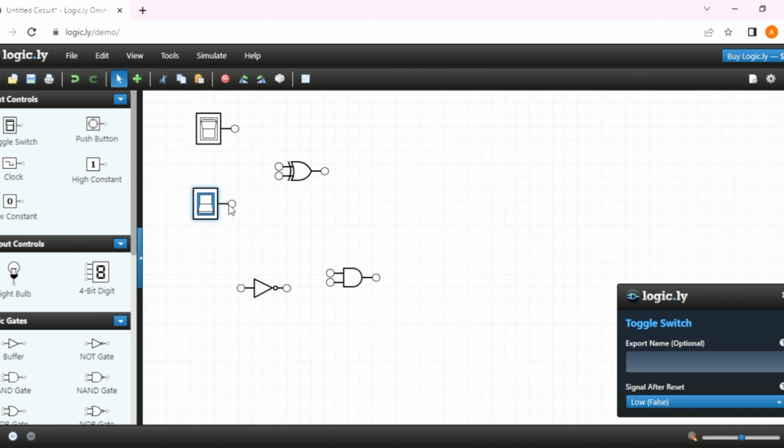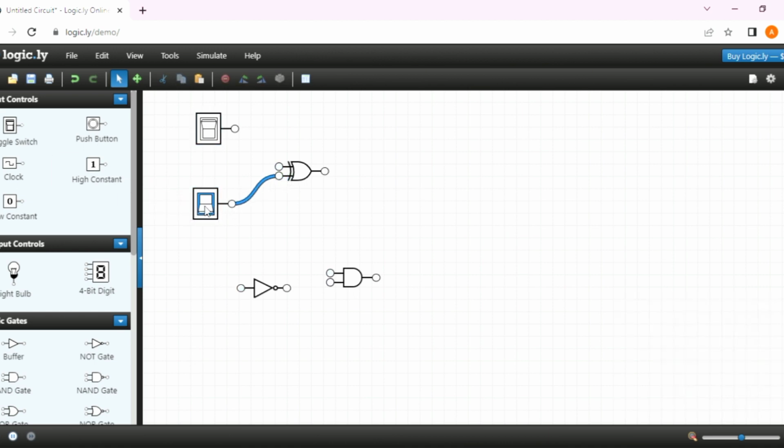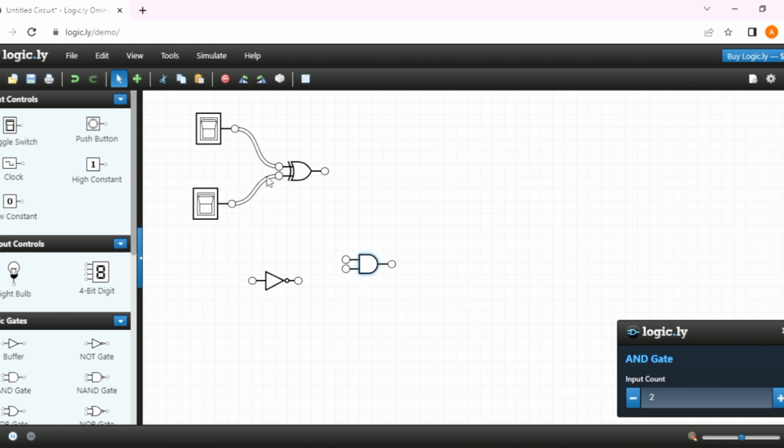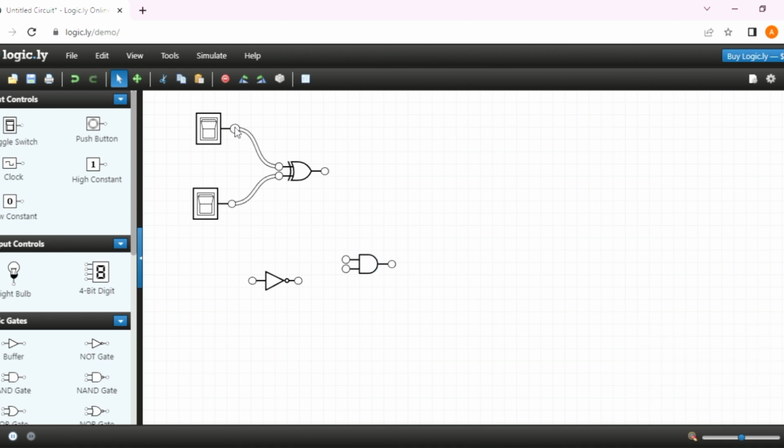Connecting the inputs to the XOR gate, and the inputs of the AND gate should be connected as follows. One of the inputs, named A, should be connected to the NOT gate. One input of the AND gate is the input B. The other input of the AND gate is the output of the NOT gate.